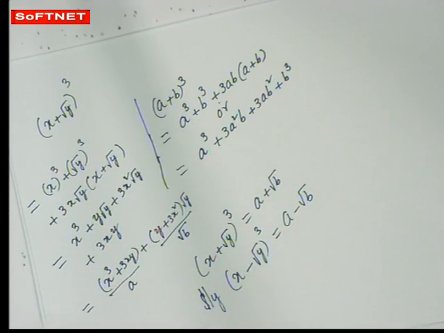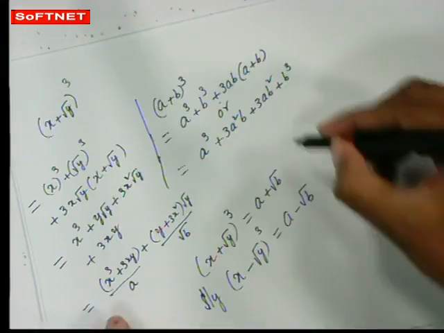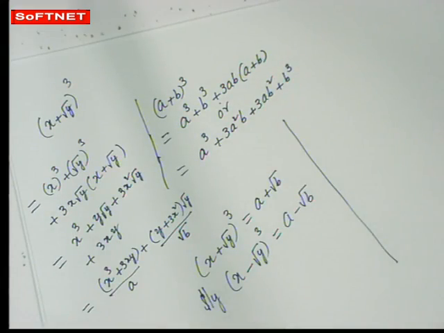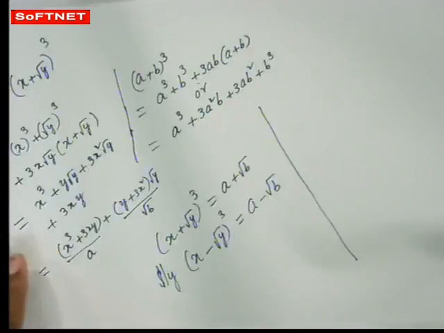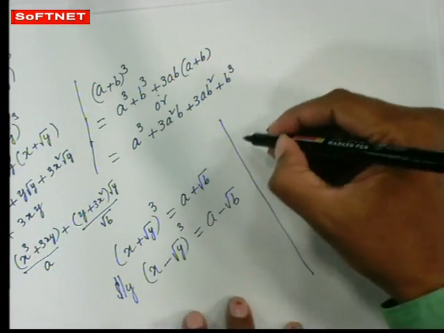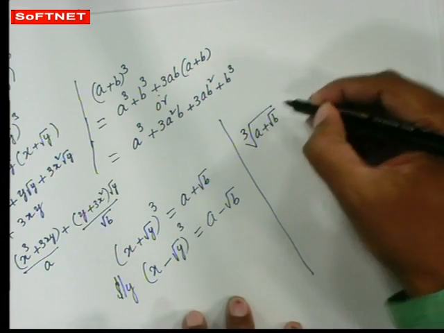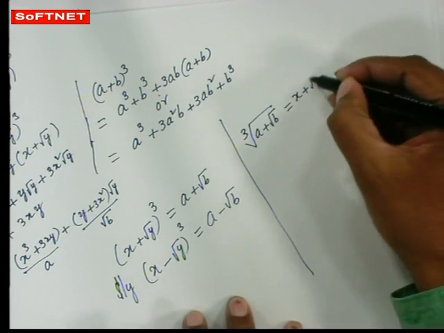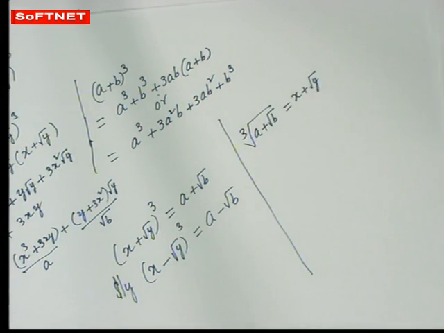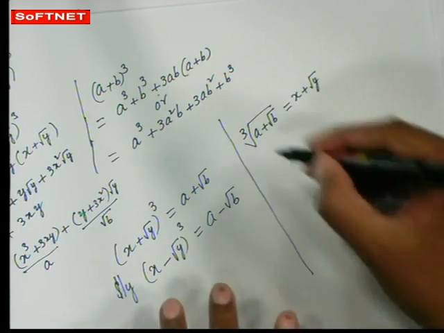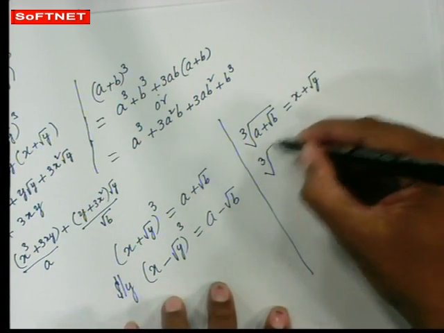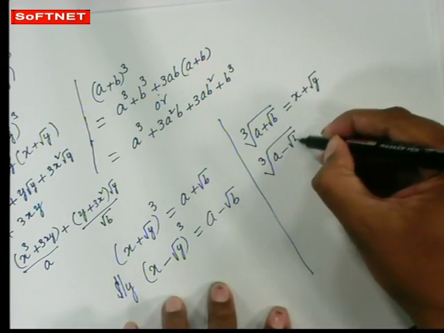Now let us have one question in our mind. What is the converse of these statements? Could you write it? Okay, let us try. The converse of the statements: the cube root of a plus root b is x plus root y. Now the cube root of a minus root b, the question mark.